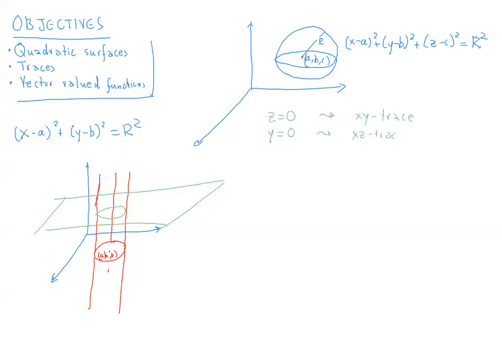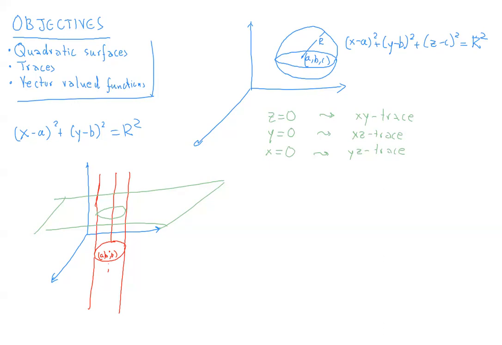And finally, if we take the intersection with the yz plane, which is defined by the equation x equals 0, then we get the yz trace. And of course, if we want to enhance our understanding, we can also take the intersection with planes that are parallel to these planes. So let's give an example.